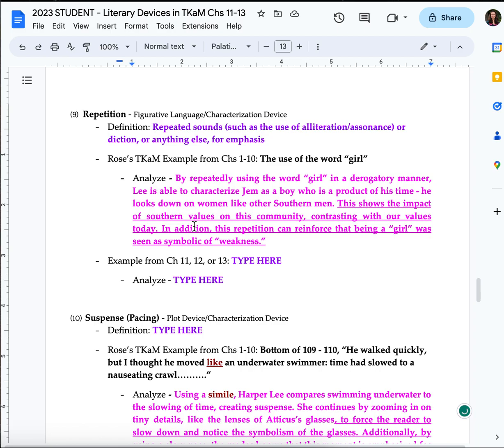He looks down on women like other Southern men. This shows the impact of Southern values on this community, contrasting with our values today. In addition, this repetition can reinforce that being a girl was seen as symbolic of weakness. And this is where we could even add the characterization piece. That being a girl was seen as symbolic of weakness, and Jem buys into these stereotypes. That teaches me about who Jem is, you know?